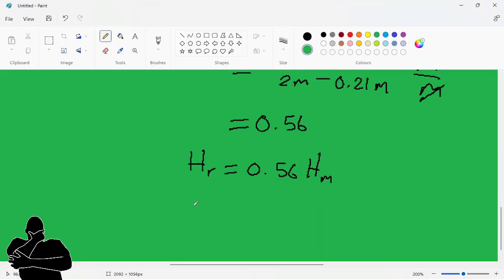They're trying to find HR, which is the rebound height. So the rebound height would be 0.56 times the maximum height before, which would be 2.04 meters.